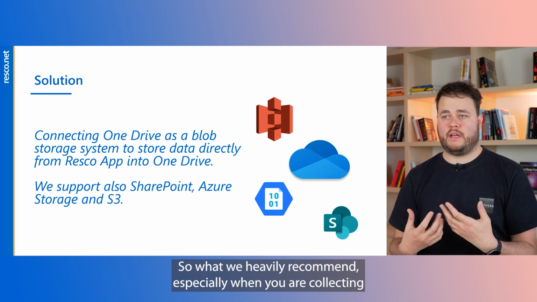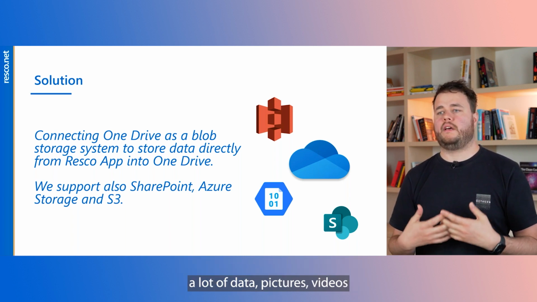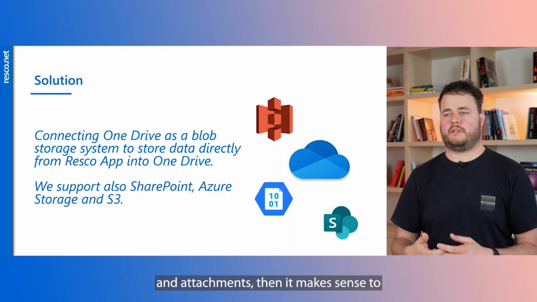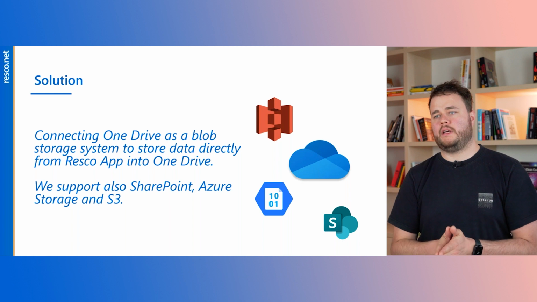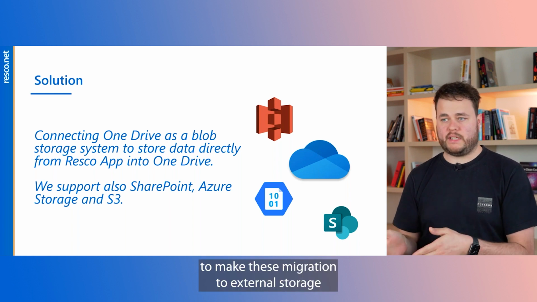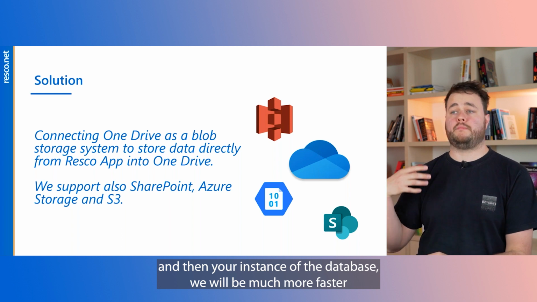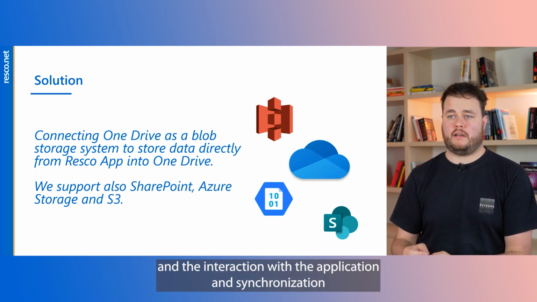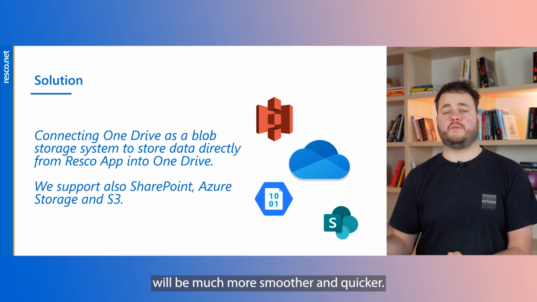So what we heavily recommend, especially when you're collecting a lot of data, pictures, videos, and attachments, is that it makes sense to make this migration to external storage, and then your instance of the database will be much faster, and the interaction with the application and synchronization will be much smoother and quicker.